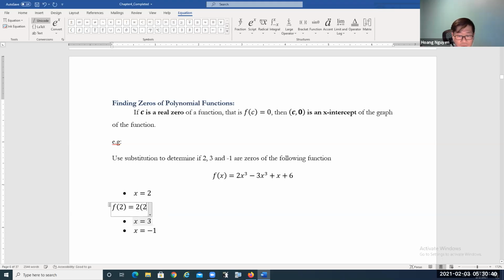So we have 2 to the power 3 minus 3 times 2 to the power 3, plus 2, because x equals 2, plus 6.